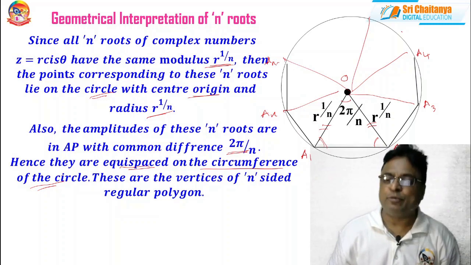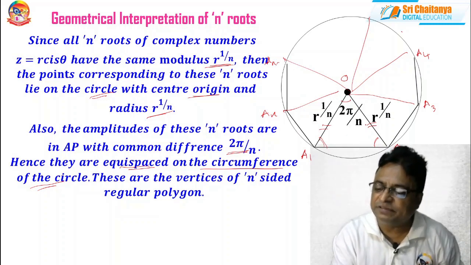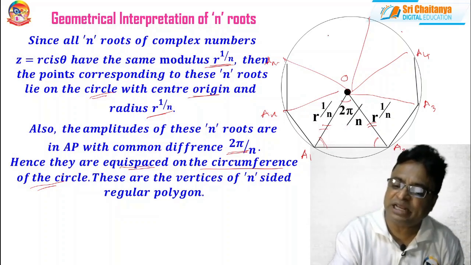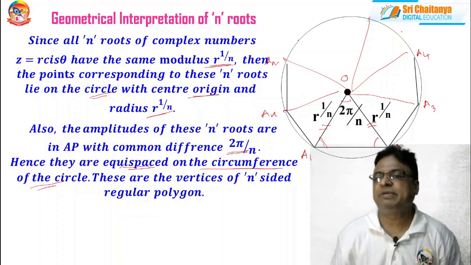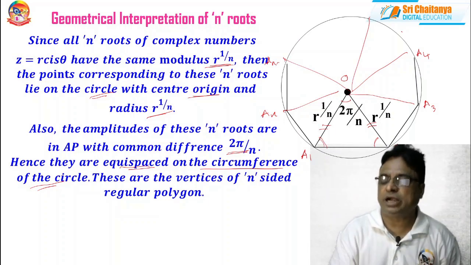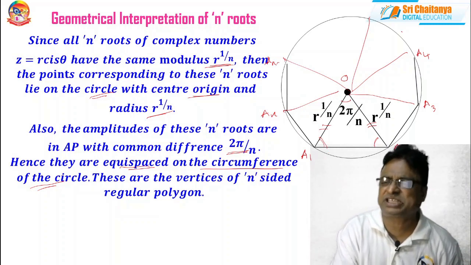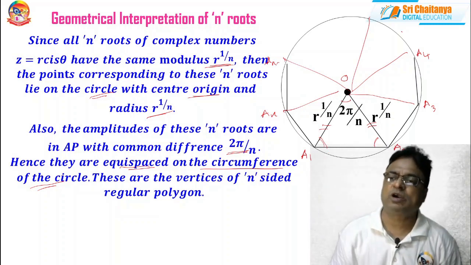And moreover, my friends, with the help of this triangle, we can find the area of this triangle, and n triangles are formed. So based on that, you may get the area of the regular polygon, and moreover the length of its sides. Everything we can establish with the help of this small diagram.